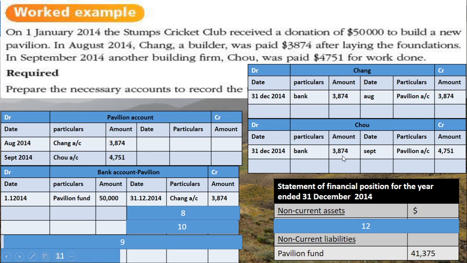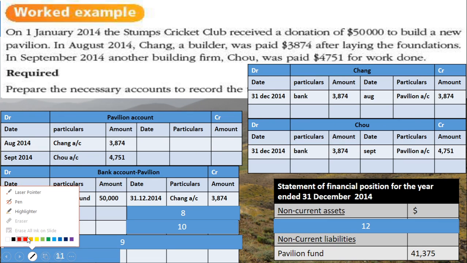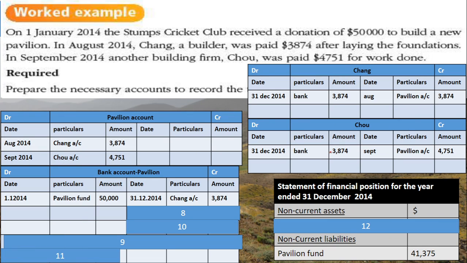Oh, this should be 4,751. It's a print mistake. So here we are making payment to Chow as well, 4,751. At the same time we'll have to reduce the bank balance by the same amount, 4,751.